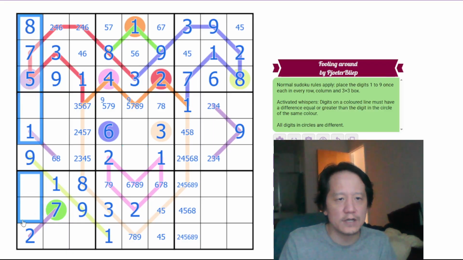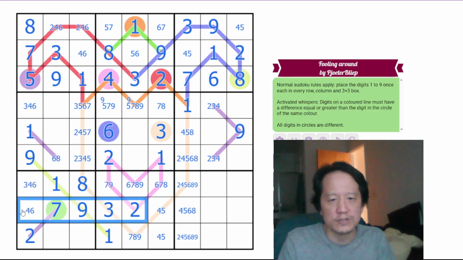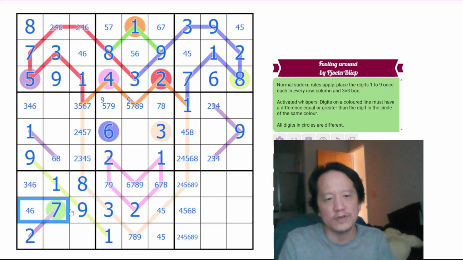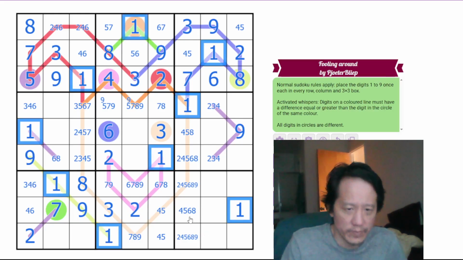Remaining digits in column 1 are 3, 4, and 6. This can't be 3, though, because of the 3 in the row. Where's the 1 in row 8? Can't be any of these because of the 1 in the box. Can't be here or here because of the 1 in the column, so it must be here. So this is 1. We have all 9 ones now.